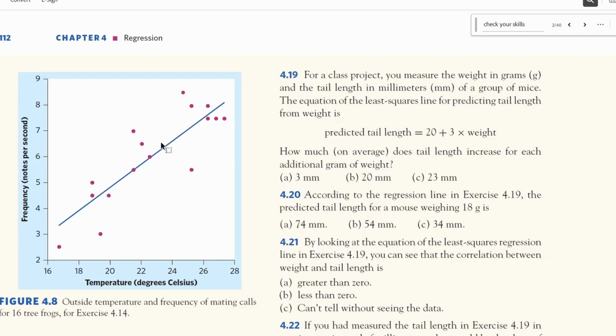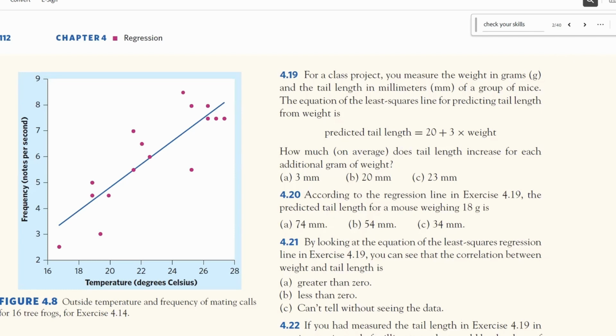What's the frequency of the call going to be? It's going to be somewhere around here, right? If you drew a line up from 24, that's the temperature, and then you drew it over to the y-axis, it's going to be like 6.5, somewhere between 6 and 7, right?